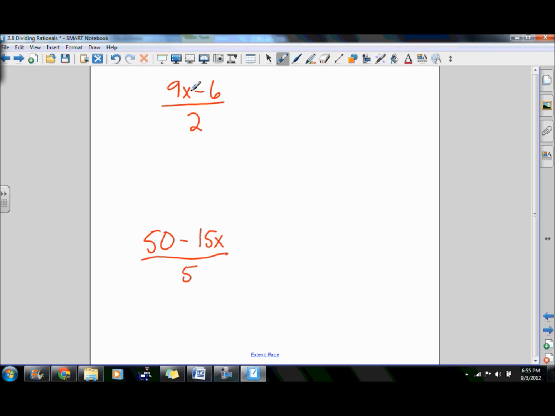Anyway, the point here, if we do the heart method here, we end up getting a 9x over 2 and a negative 6 over 2. You can answer this a couple ways. Okay, 9 divided by 2 is a fraction, or, I mean, a decimal, sorry, or a fraction, I guess.